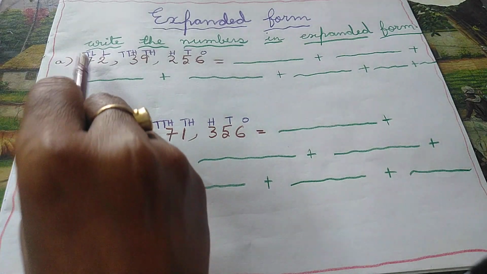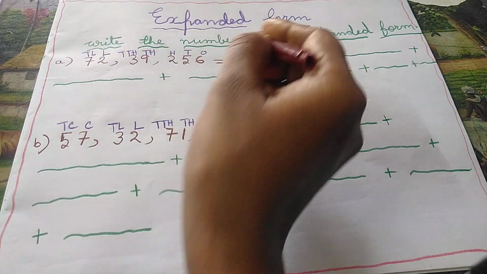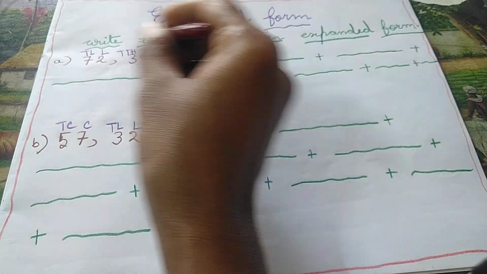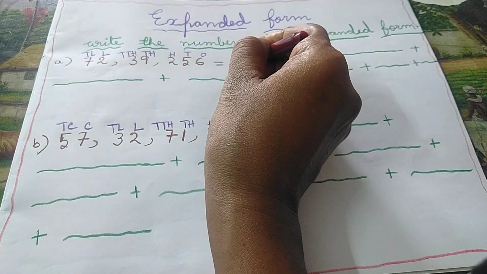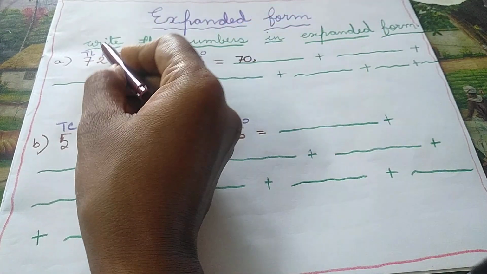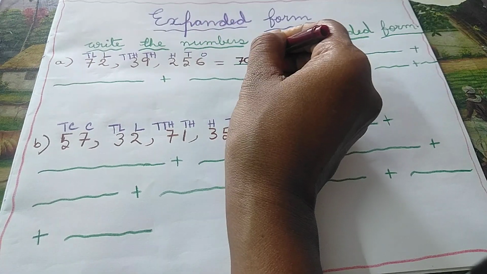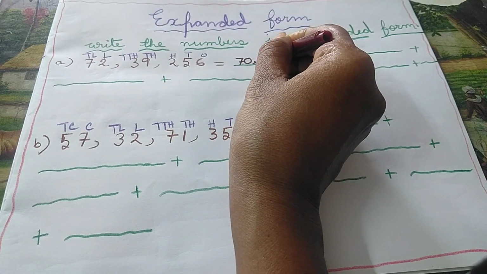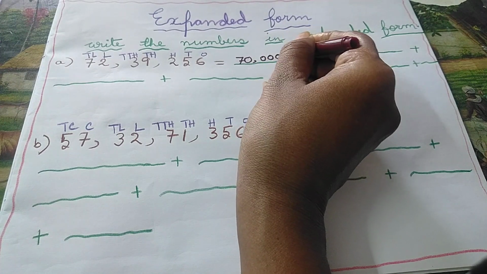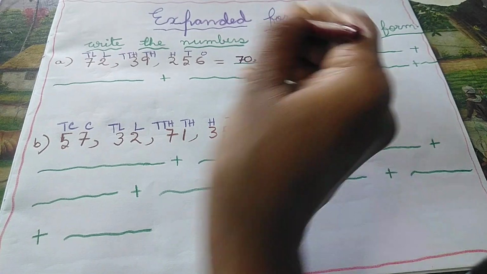Write 7. For 10, write 10. For lakh, there will be 5 zeros. 1, 2, 3, 4, 5.